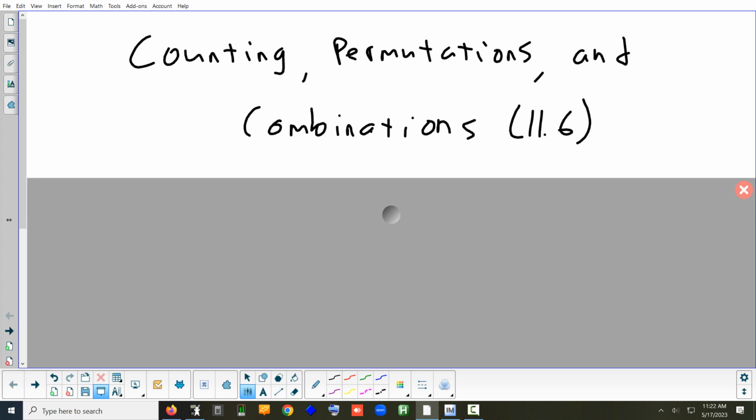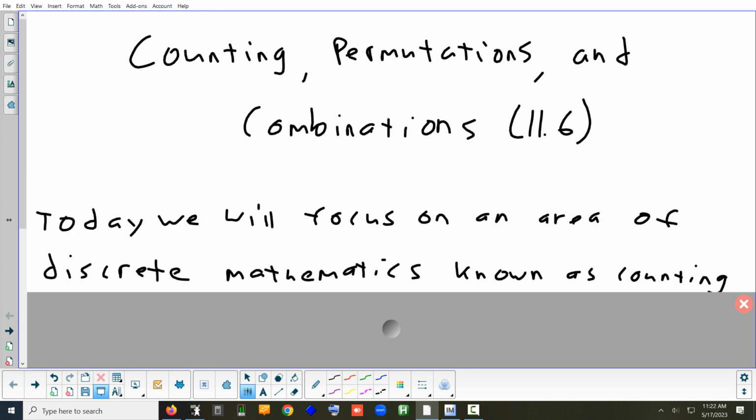So for example, if you had 5 good things that could happen, and there were a total of 50 things that could happen altogether, you take 5 divided by 50, and that's the chance that the good thing happens. Right? So you got to know how to count how many ways something can happen.